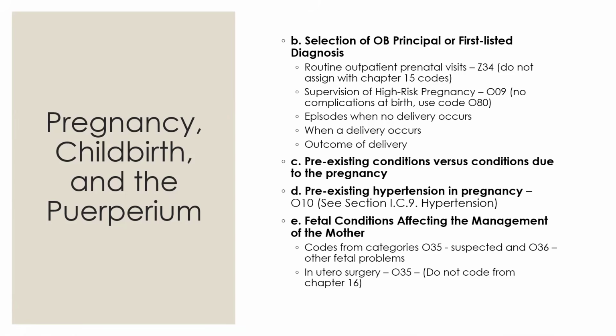When assigning one of the O10 codes that includes hypertensive heart disease or hypertensive chronic kidney disease, it is necessary to add a secondary code from the appropriate hypertension category to specify the type of heart failure or chronic kidney disease, as we spoke about earlier in today's presentation. If you want additional information on this, see section 1C9 for hypertension.